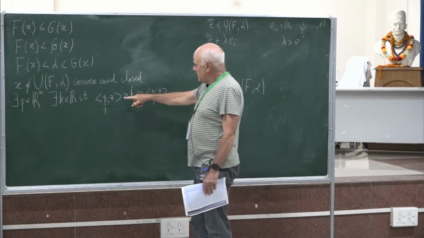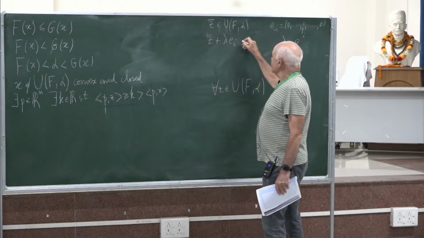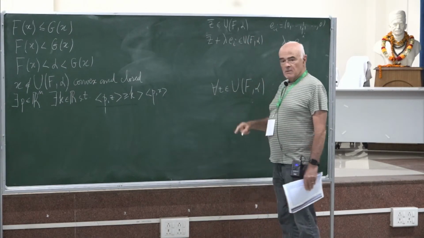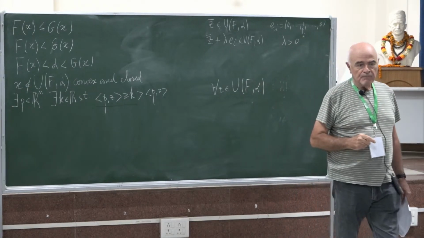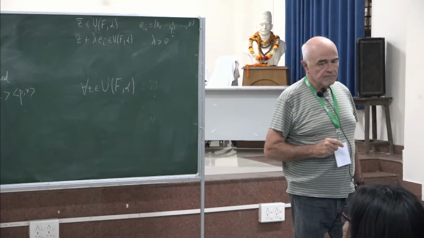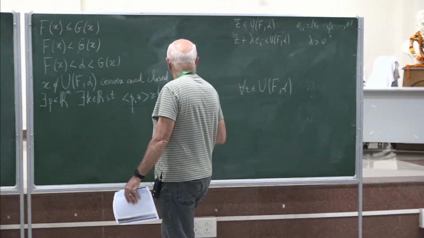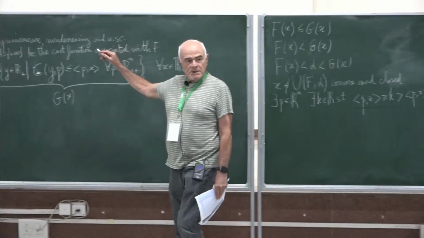Then this belongs to U of F alpha for every positive lambda. Do you know why? Because F is non-decreasing.